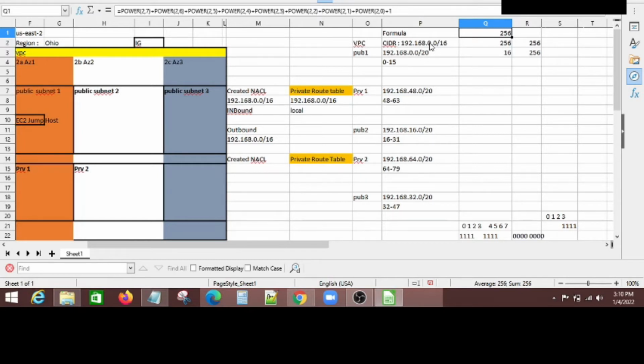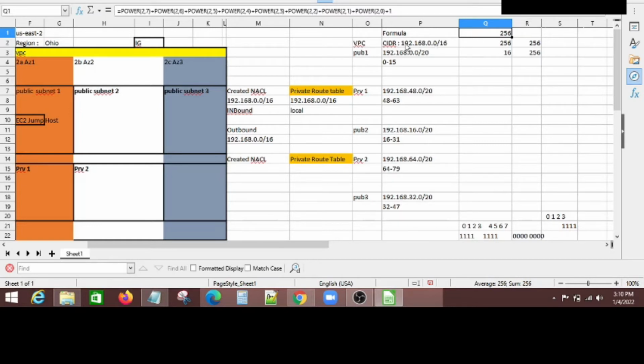Because we are starting with 0, it ends at 255. And for the last octet, it's the same thing. If you calculate it, 256 variations, and because we are starting from 0, it ends with 255.